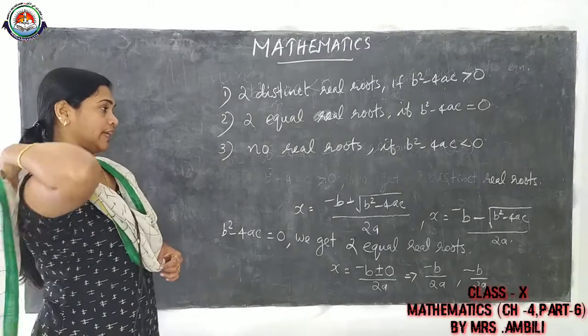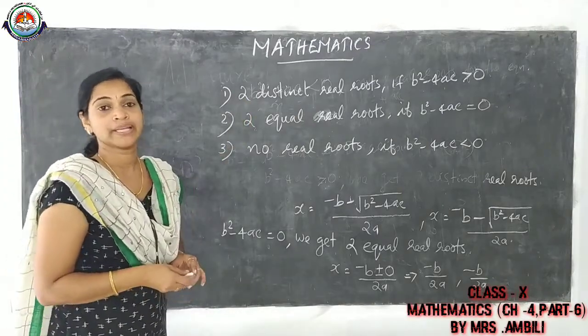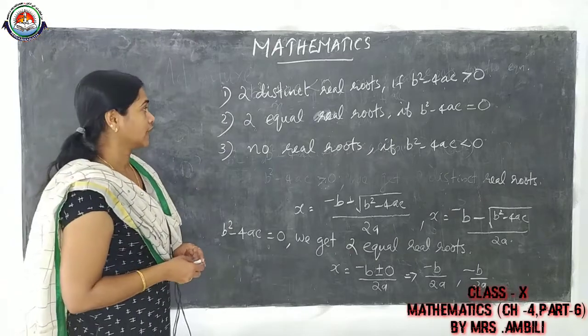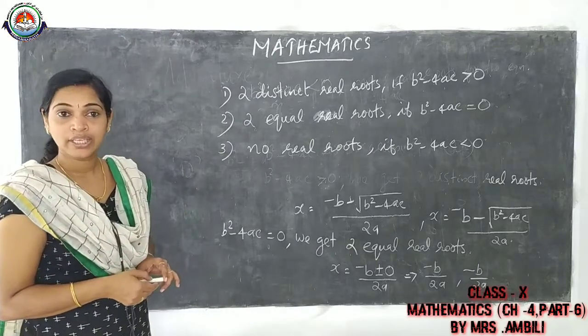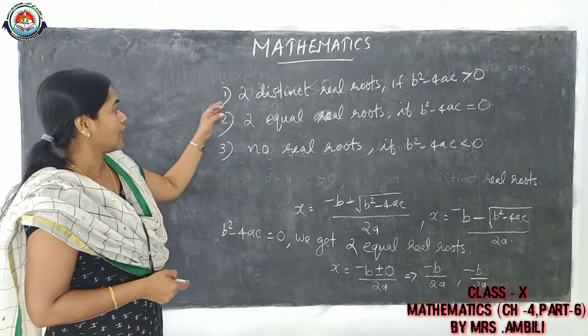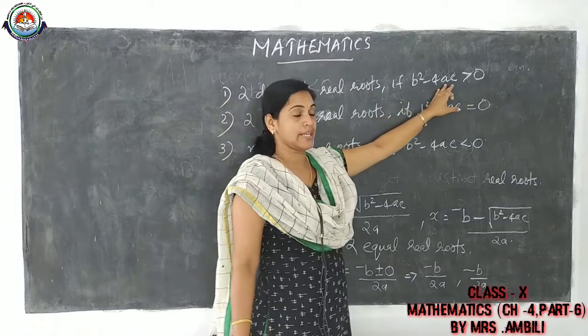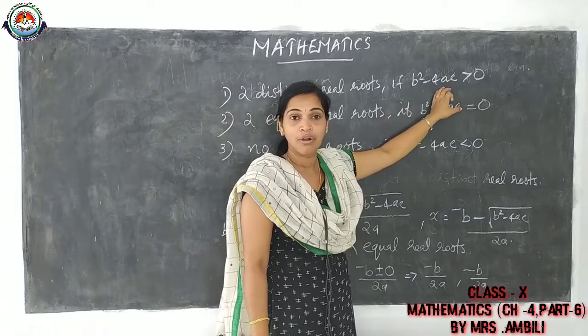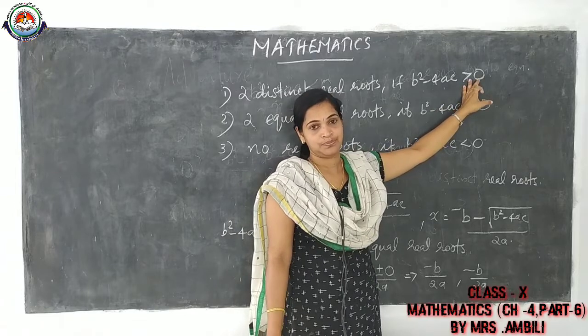So we can conclude that a quadratic equation ax square plus bx plus c equal to 0 has two distinct real roots if the value of b square minus 4ac is greater than 0.